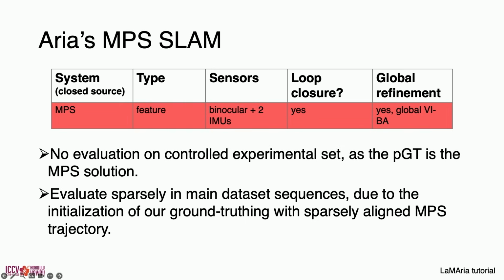And secondly, since we initialize our optimization pipeline with Aria MPS, we also don't evaluate it in the recall scores, and we only evaluate Aria SLAM sparsely. This is also to keep the evaluation as unbiased as possible. So this was our setup of the systems of interest, open source and closed source.